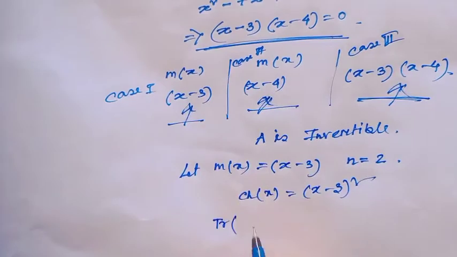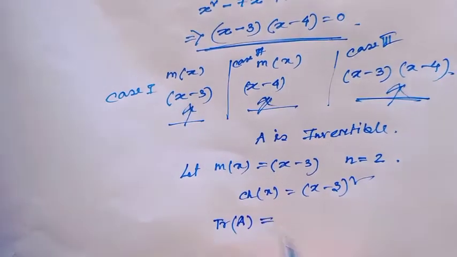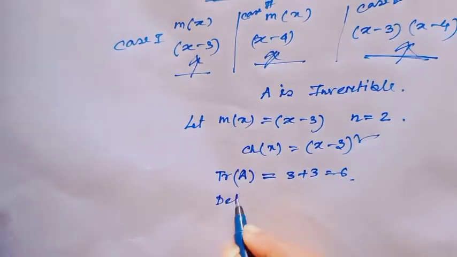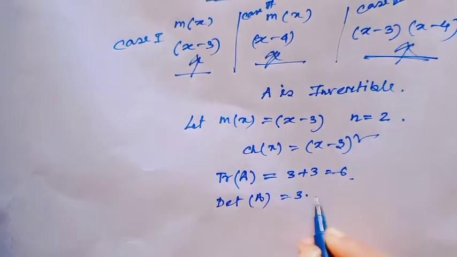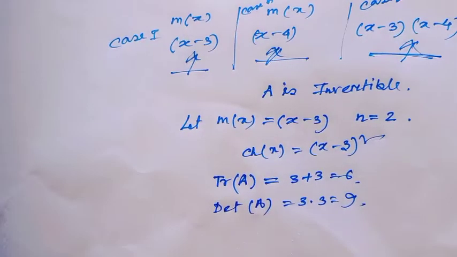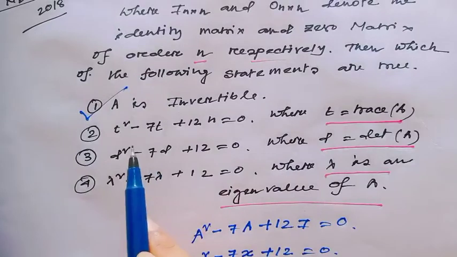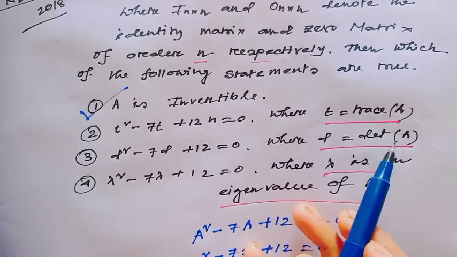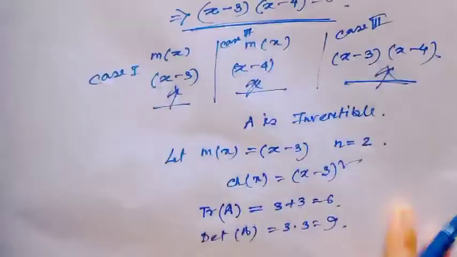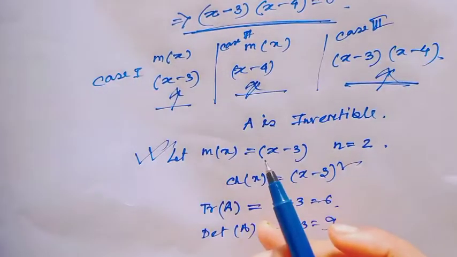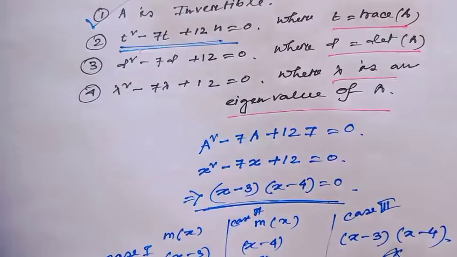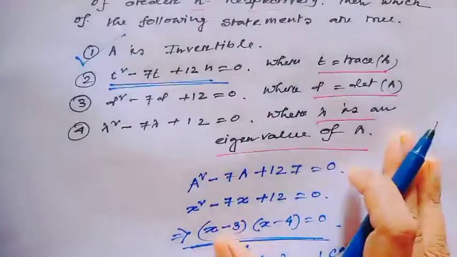Then the trace of the matrix would be 3 plus 3 equal to 6, and the determinant of the matrix is 3 times 3 equal to 9. Are you getting? And the question indicates t square minus 7t plus 12n equal to 0, where t equal to trace of A.